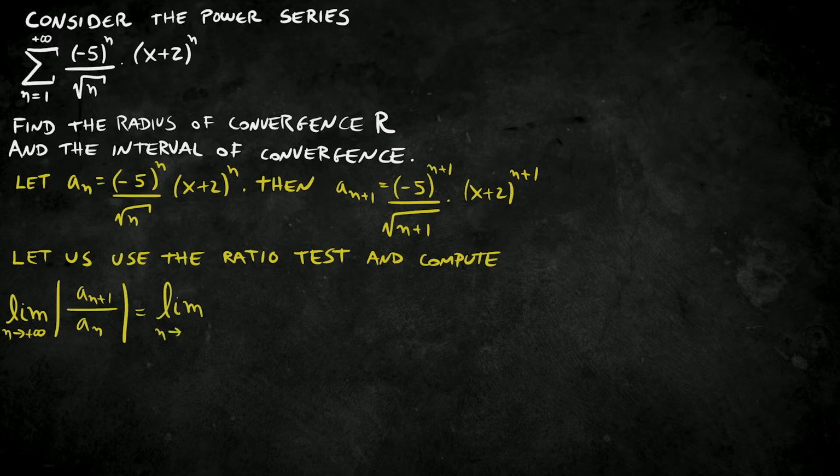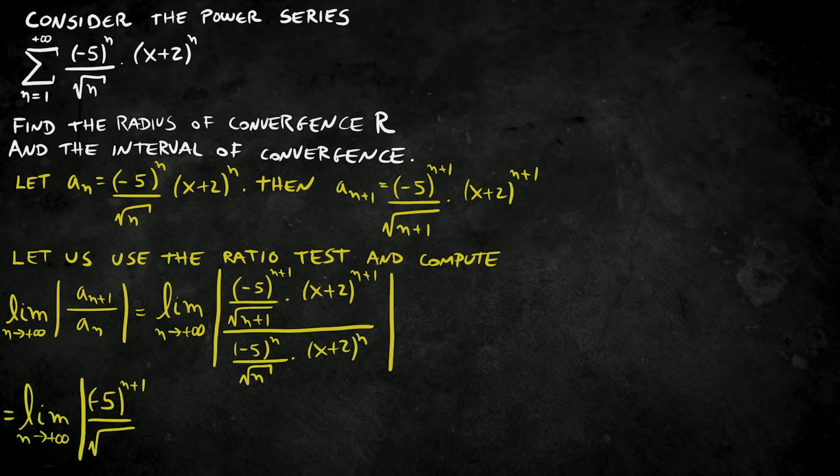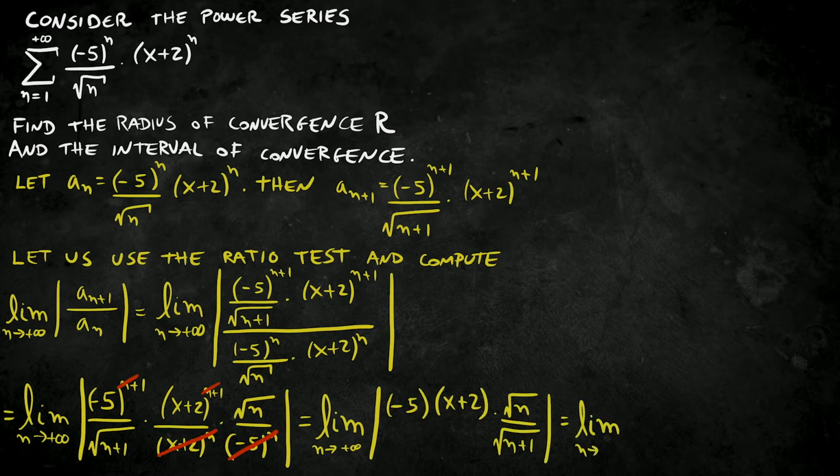Replacing the values that we wrote above and simplifying as much as we can, this limit is going to be equal to the limit as n goes to positive infinity of 5 times the absolute value of x + 2 times square root of n over n + 1.